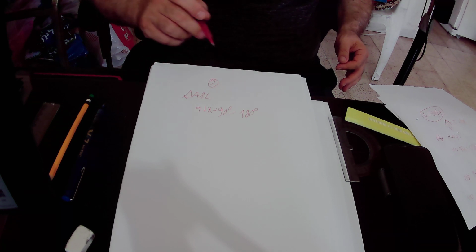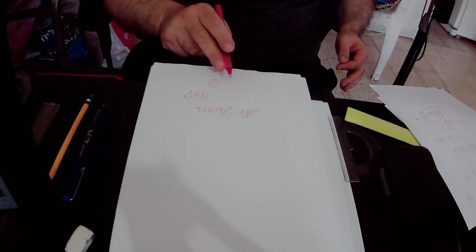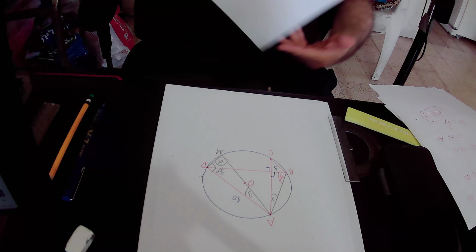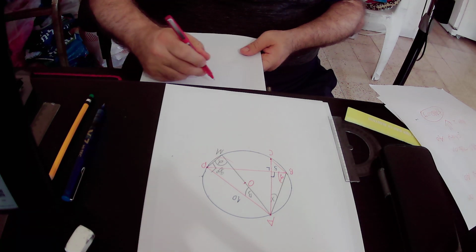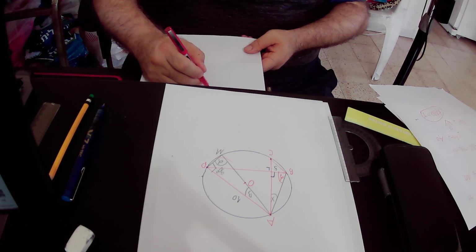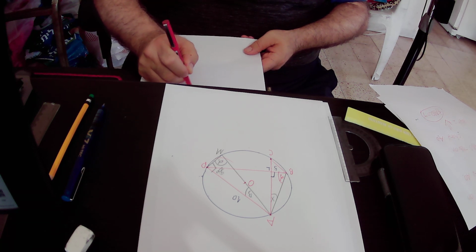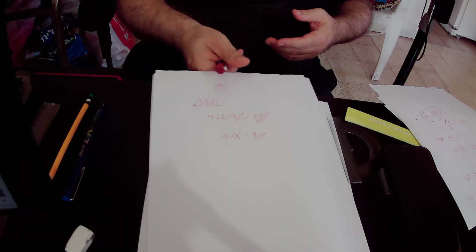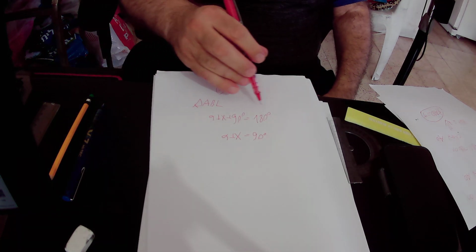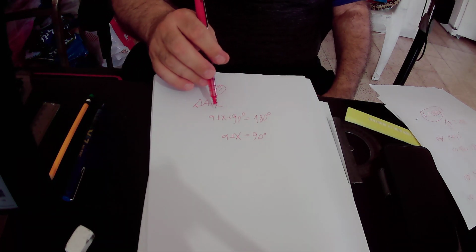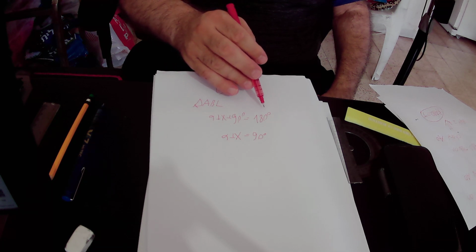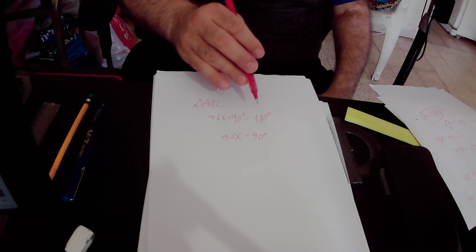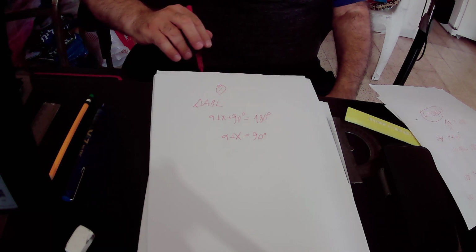So we can subtract 90 degrees from this equation and we get alpha plus x equals 90 degrees, because 180 degrees minus 90 degrees equals 90 degrees.